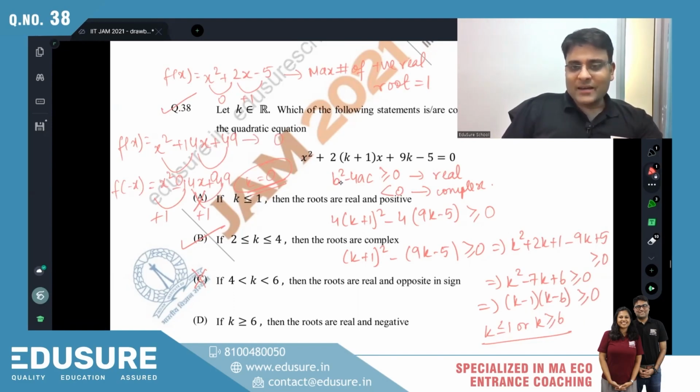Now k greater than or equal to 6, I know that both the roots are real. So either one is positive and one is negative, both are positive or both are negative. The number of positive real roots I'm getting is 0. The number of negative real roots I'm getting is 2. So if k is greater than or equal to 6, then the roots are real and negative is a correct statement.